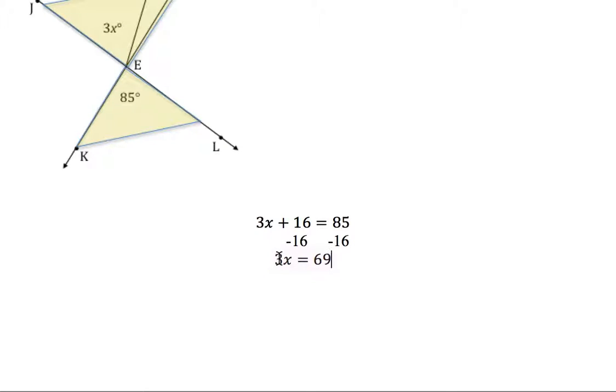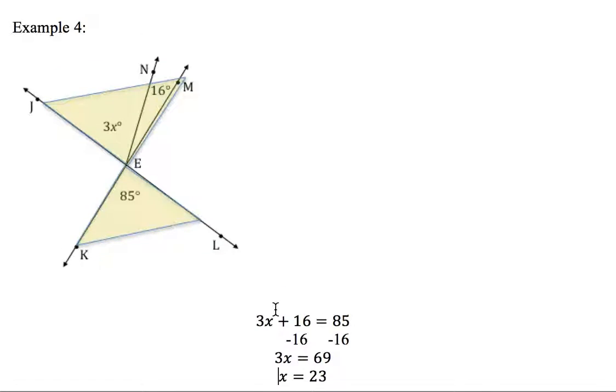If I divide both sides by the coefficient here, which is 3, I'm left with x equals 23. And that's how I solve for x.